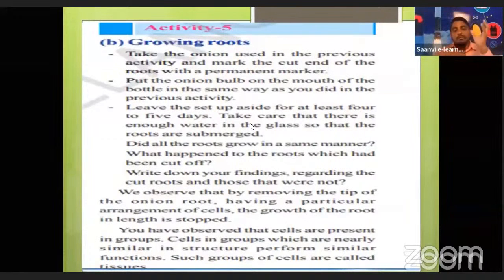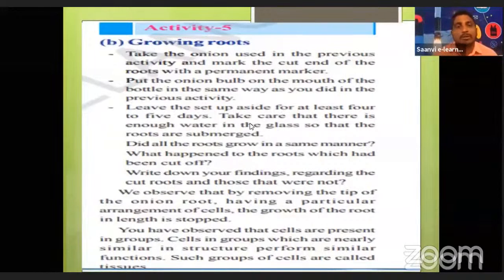You have to take one transparent glass or plastic bottle filled with water. After that, take one onion bulb. The bulb size should be bigger than the mouth of the transparent glass bottle, because it should stop on the mouth.